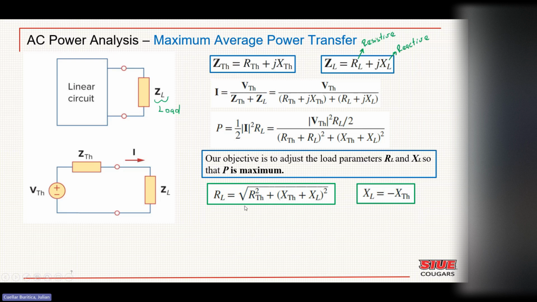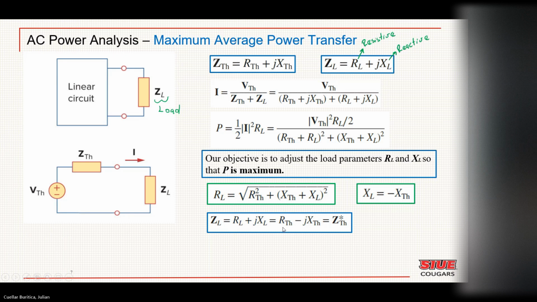And at the end, the best values for my load impedance is going to be RL equals R Thevenin. Let's check that here.